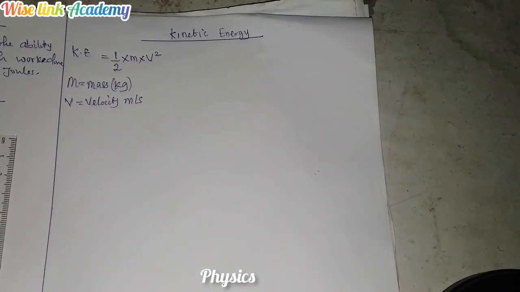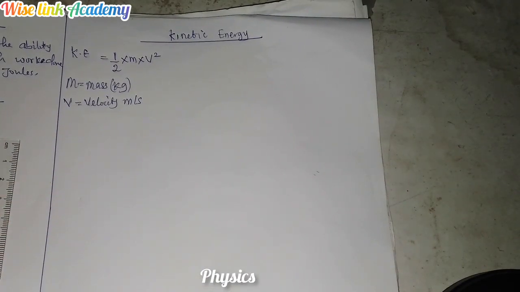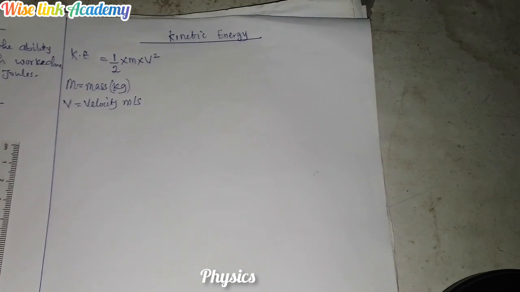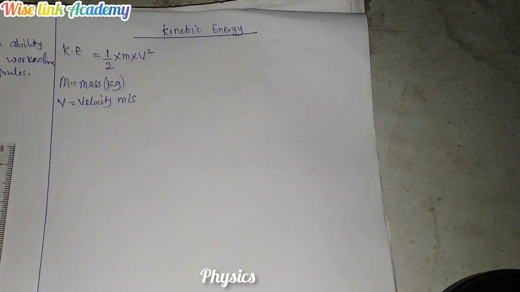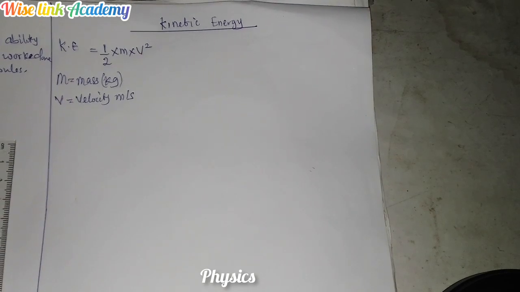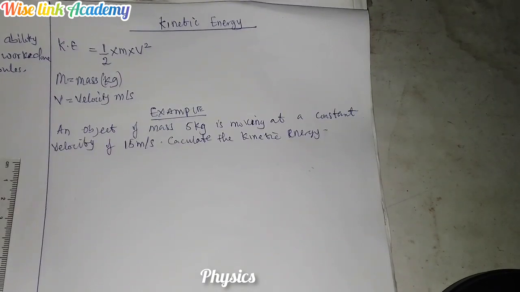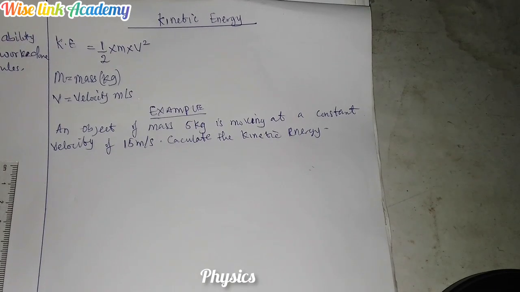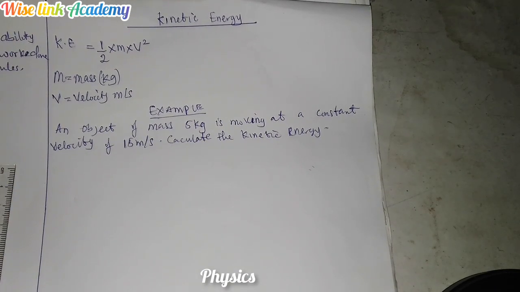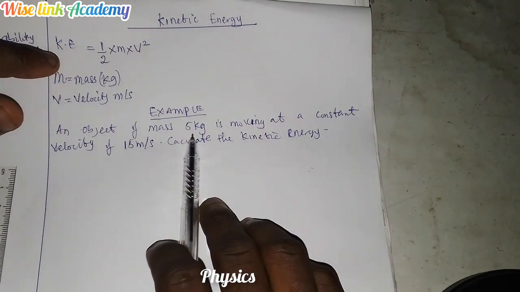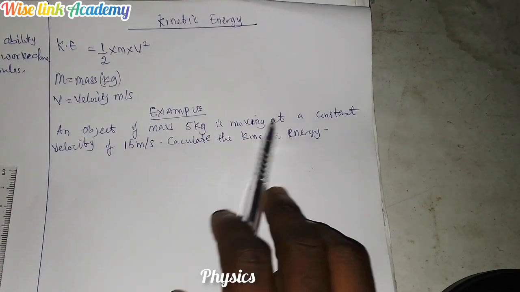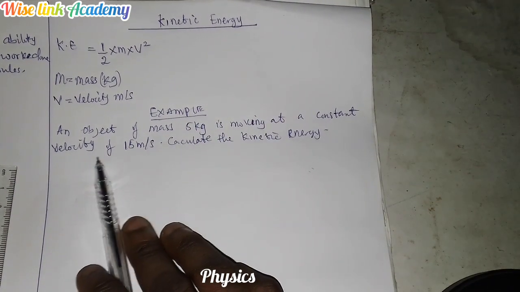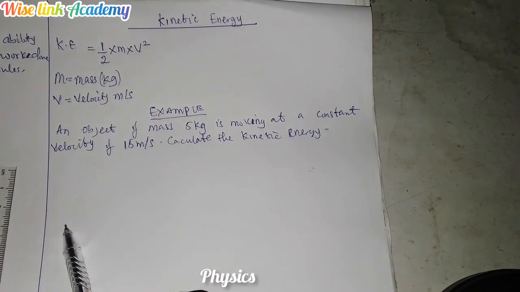Let's take an example and view how kinetic energy is solved in a problem. For instance, we are given this question: an object of mass 5 kg is moving at a constant velocity of 15 meters per second.